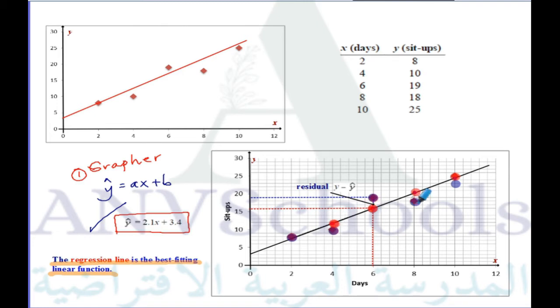And we are being introduced to a new term here called the residual. The residual is just the difference between your original y value and your y hat. In this case, the residual is this.